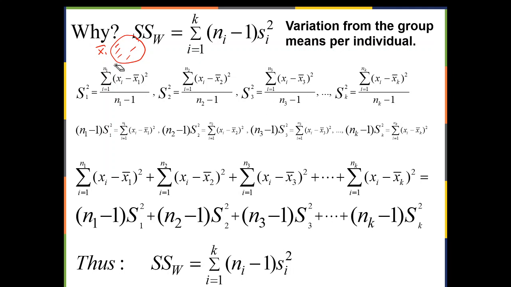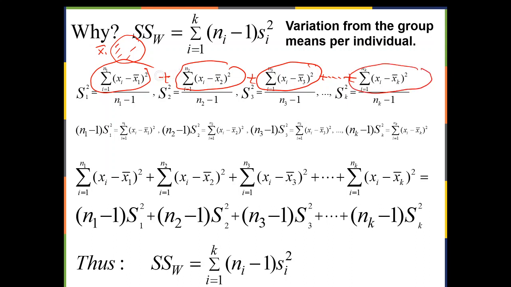Now notice in this structure, if I multiply it by n1 minus 1, then I cancel the denominator and I get this. So my goal is to add this plus that, not the denominators, just the numerators, plus that, plus dot, dot, dot, plus that.